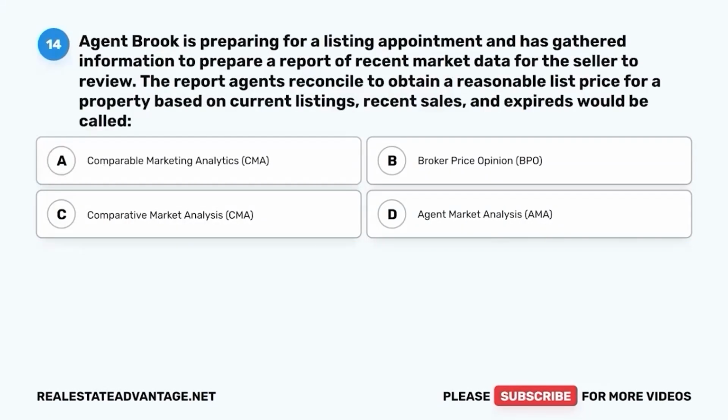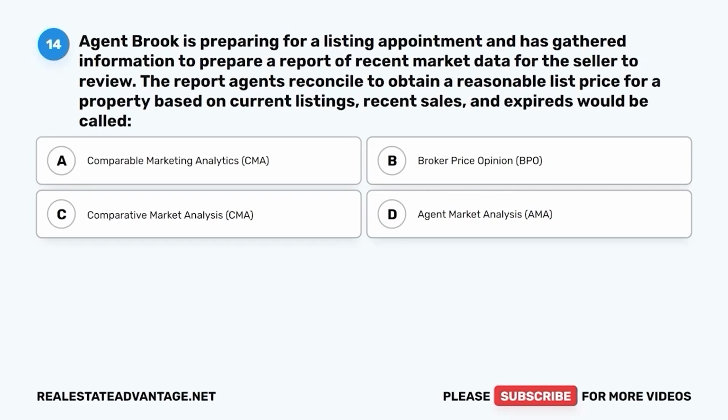Question 14. Agent Brooke is preparing for a listing appointment and has gathered information to prepare a report of recent market data for the seller to review. The report agents reconcile to obtain a reasonable list price for a property based on current listings, recent sales, and expireds would be called A. Comparable Marketing Analytics, CMA. B. Broker Price Opinion, BPO.